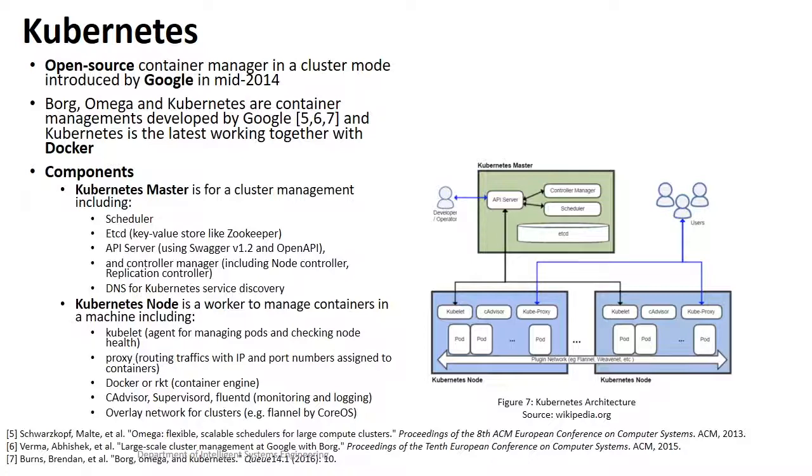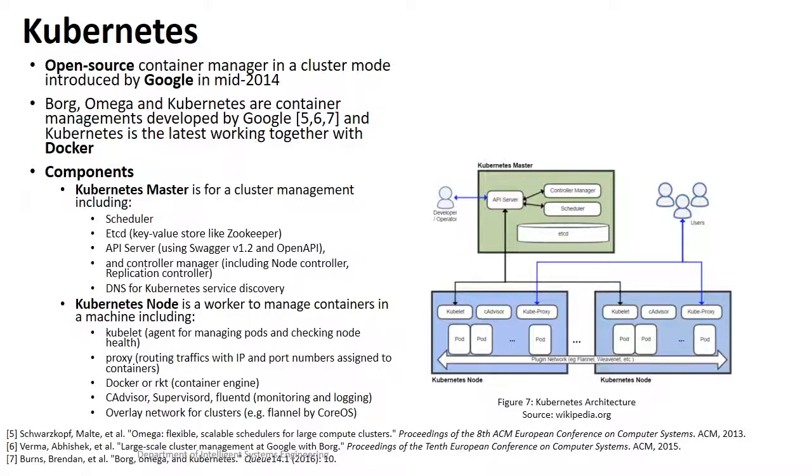So Borg, Omega, and Kubernetes are container managements developed by Google, and Kubernetes is really the latest work together with Docker that is really relevant for us to look into. So what components does Kubernetes have? It has a Kubernetes master, and it has Kubernetes nodes. As you remember from Docker Swarm, that's the same terminology that is being used there.